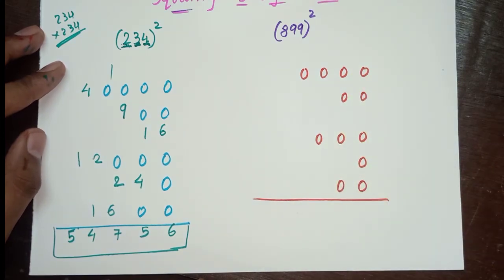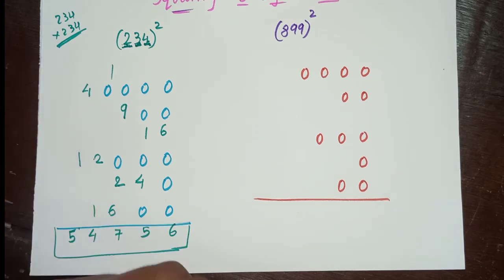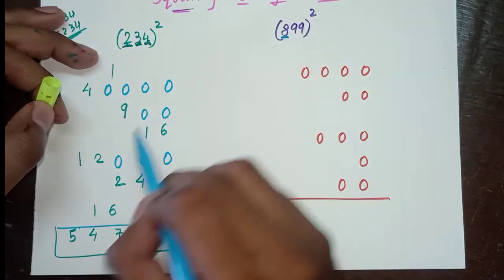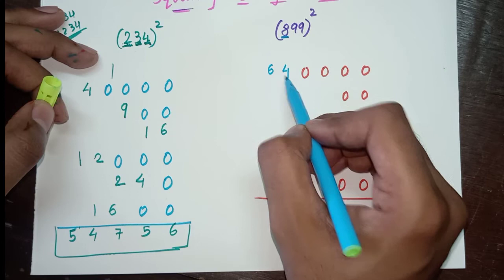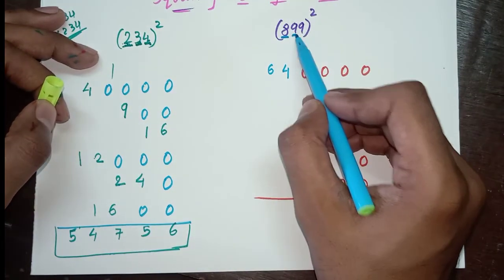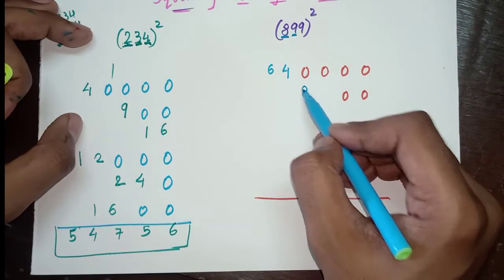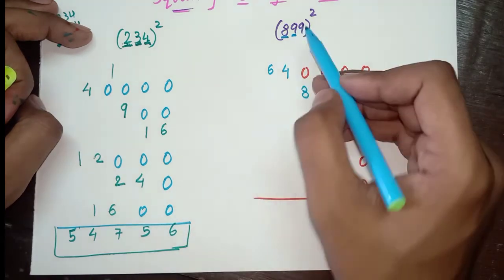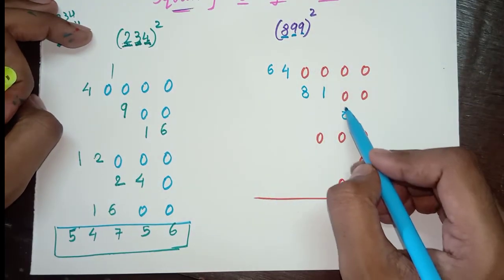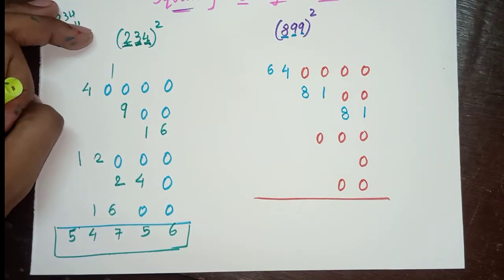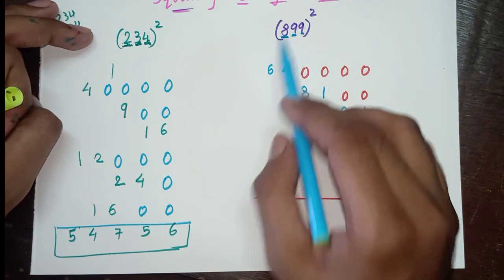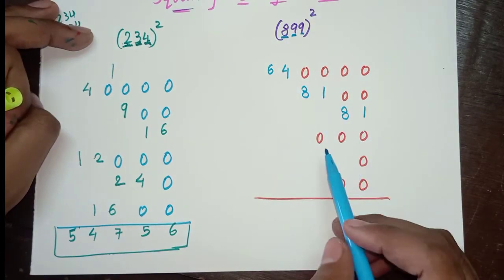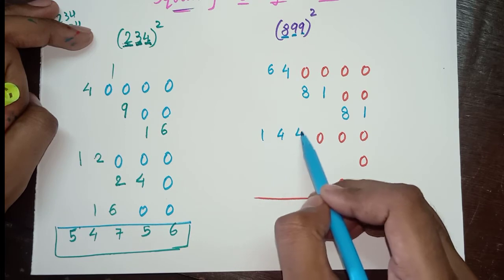Now you write the successive numbers. 8 is the first number, so 8 squared is 64, write 64 here. Then you have 9, 9 squared is 81, so write 81 here. Then you have 9 again, which is 81, so again you put 81. Now 8 9s are 72 and 72 2s are 144, so write 144.